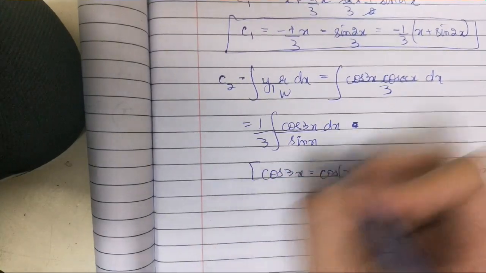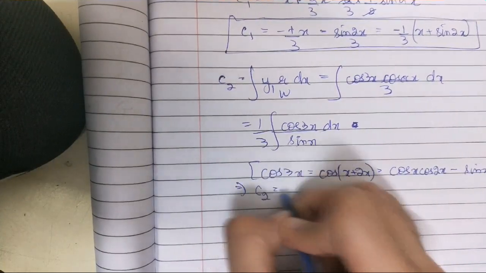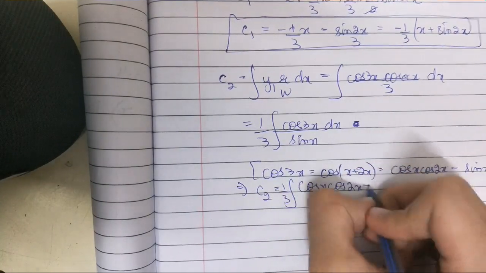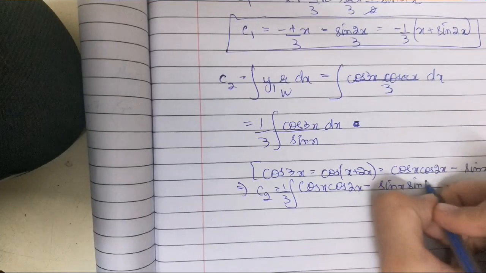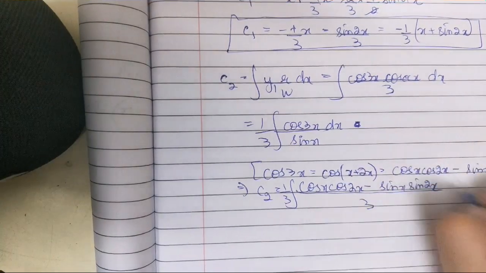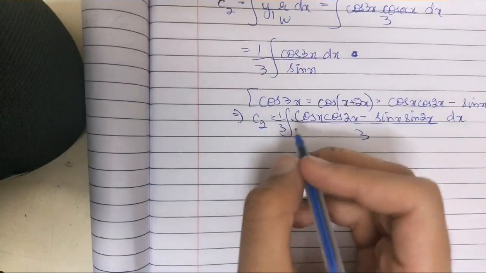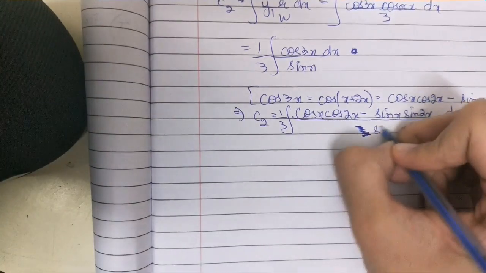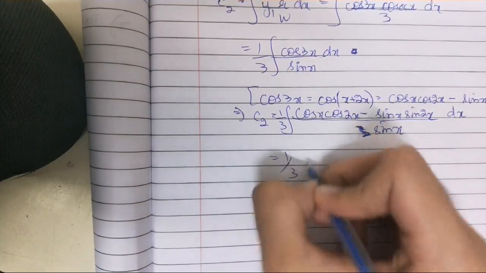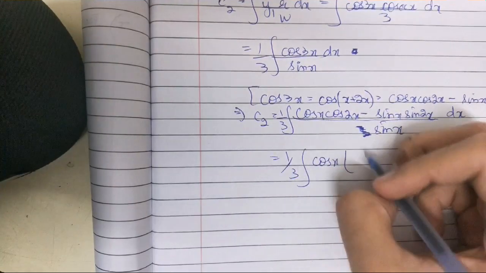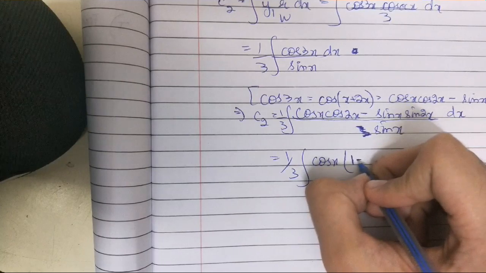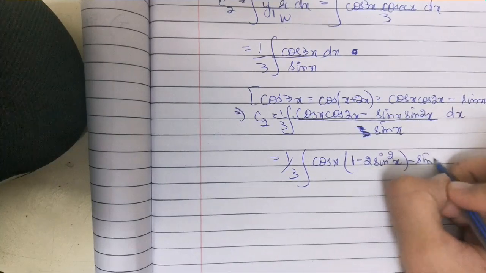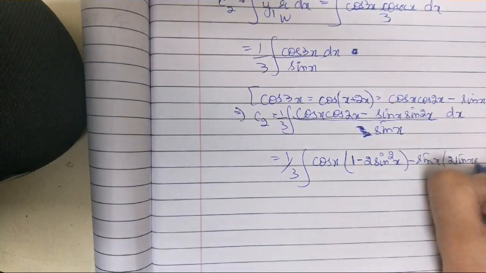So I'm going to substitute this, and this implies that C2 has now the value 1 by 3 integral of (cos x cos 2x minus sin x sin 2x) divided by sin x dx. Now this 3 is already outside. For cos 2x I'm going to write it as 1 minus 2 sin square x, and sin 2x is 2 sin x cos x.